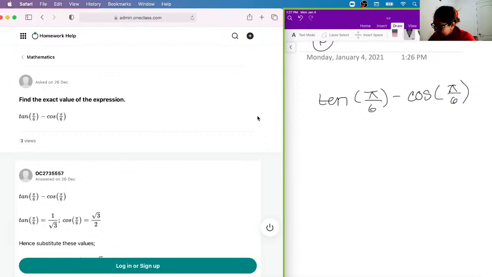They're telling us to find the exact value, which means we have to find it as a fraction. To do this, if you guys recall, let's first break this up and deal with tan pi over 6.